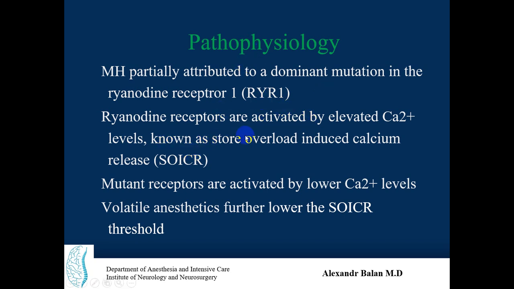As you see, ryanodine receptors are activated by elevated calcium levels, known as store overload induced calcium release, or SOICR. And mutant receptors are activated by lower calcium levels. And volatile anesthetics that we counted lower the so-called store overload induced calcium release threshold. And of course, it triggers release and contraction.